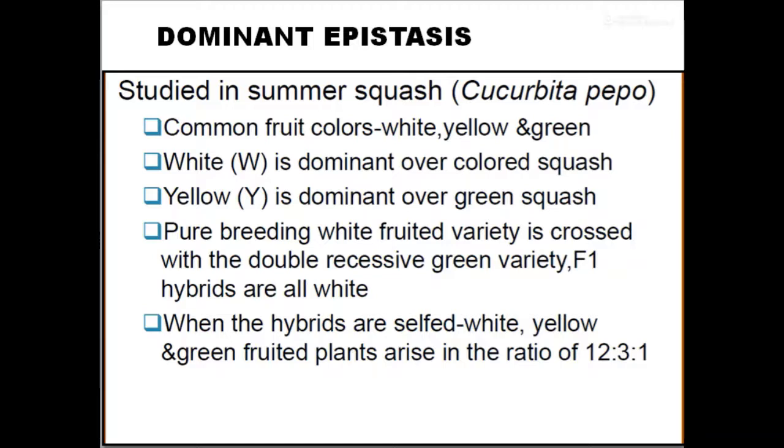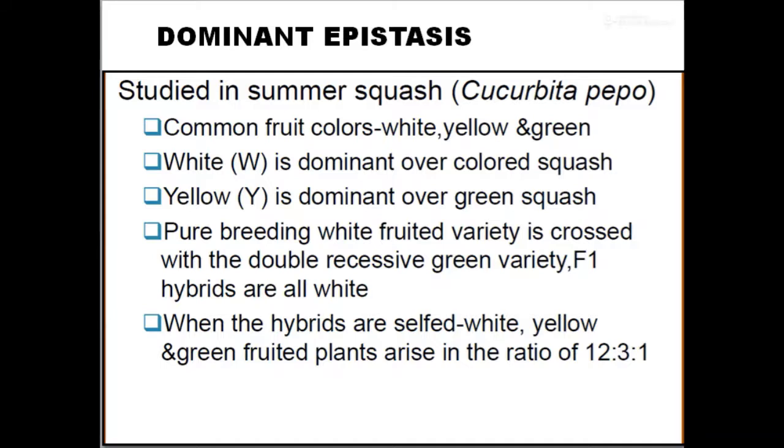This is a fruit which can occur in different colors like white, yellow as well as green. And white is dominant over the colored squash, and yellow is dominant over green squash. So if you consider the level of dominance, white is most dominant, then comes yellow, and below that comes the green squash.